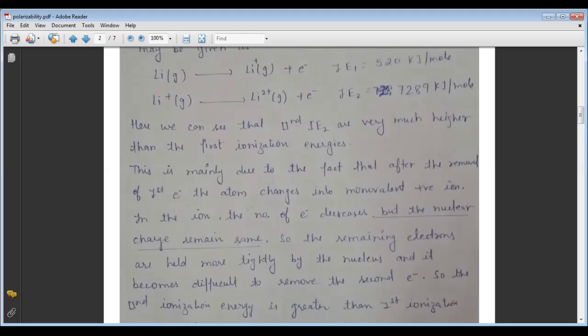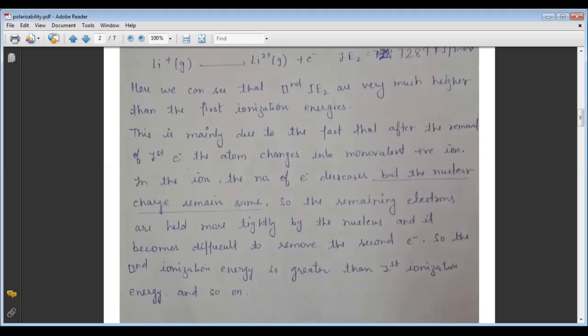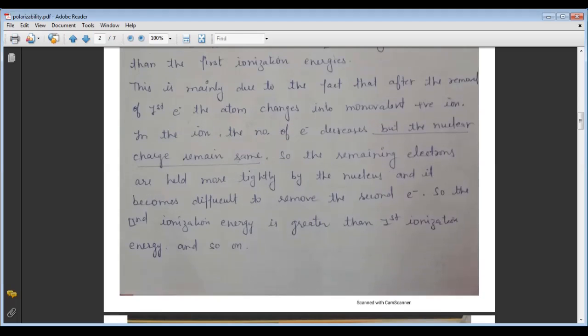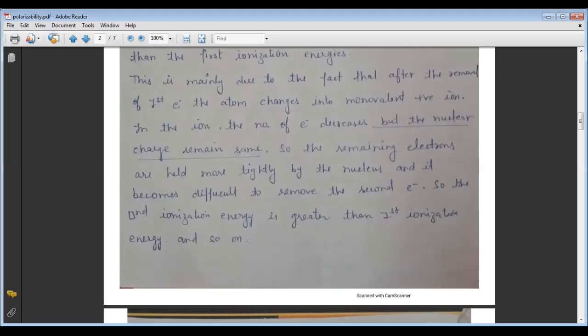This is mainly due to the fact that after the removal of the first electron, the atom changes into a monovalent positive ion. One electron is removed, so it becomes positively charged and a monovalent ion. In the ion, the number of electrons decreases, but the nuclear charge remains the same. So the remaining electrons are held more tightly by the nucleus, and it is very difficult to remove the second electron.